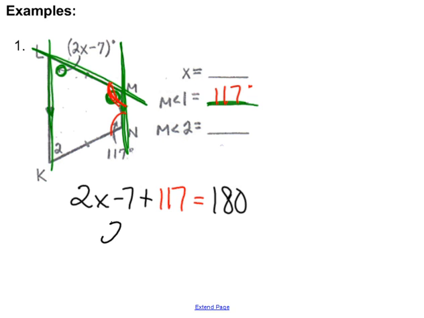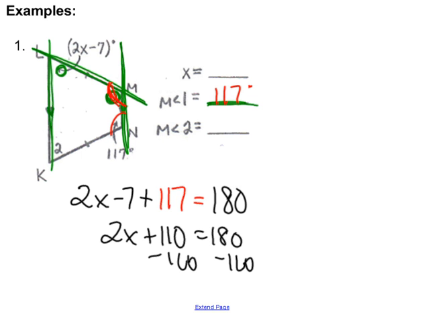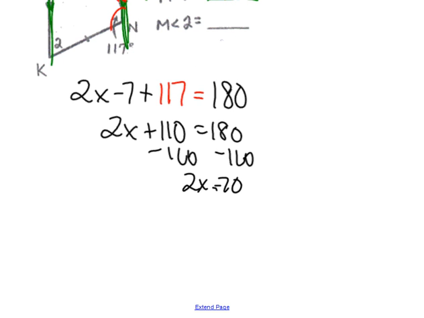So let's see, that's 2x. And 117 minus 7 is going to be 110 equals 180, minus 110, minus 110. And we end up with 70 equals 2x. So then x equals 35.